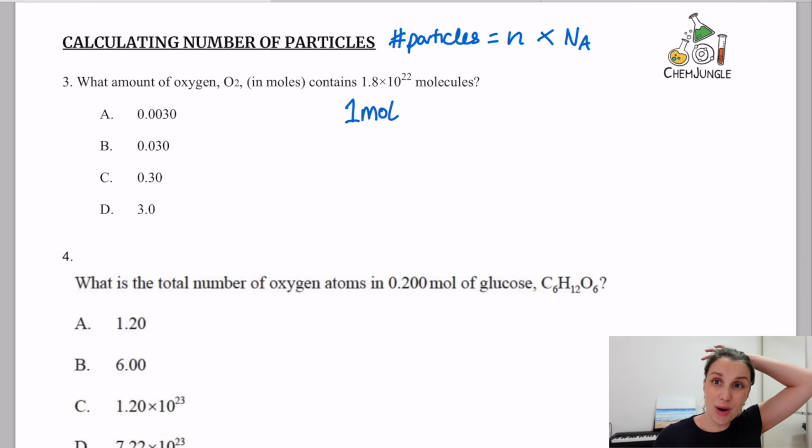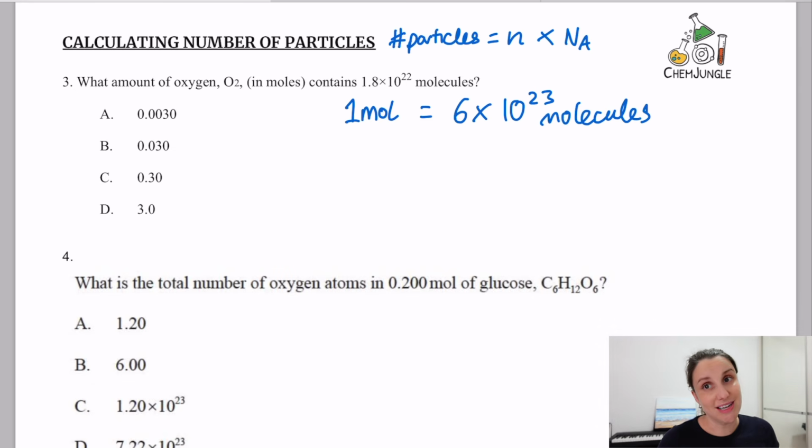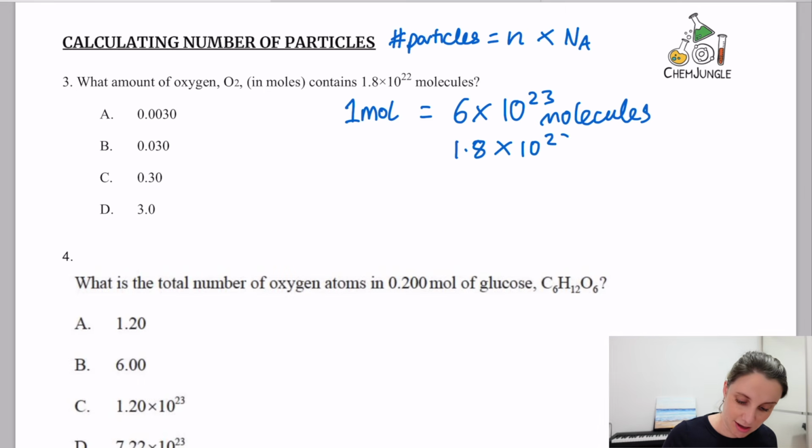So if I've got 1 mole of oxygen molecules, then that means that I've got 6 times 10 to the 23 molecules. Okay, so what they're asking is not for 6 times 10 to the 23 molecules, but how many moles is your 1.8 times 10 to the 22?